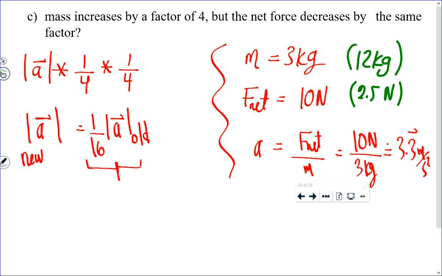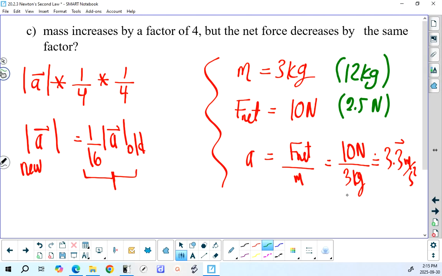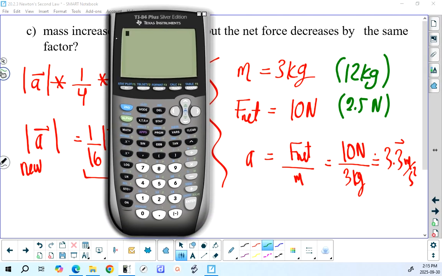And then I can grab my calculator and take that new net force of 2.5 newtons and divide by the new mass of 12 kilograms, and I get 0.2083333, and that's the new acceleration.